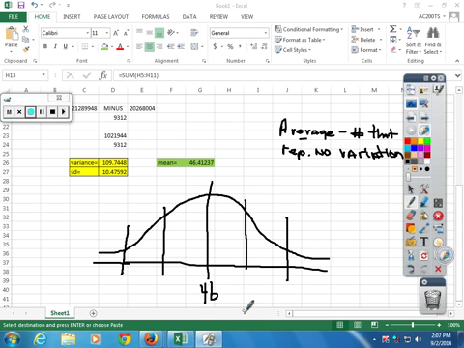What's 46 plus 10? 56 plus 10? 46 minus 10? 36 minus 10? And you've just found the 95th percentile of people between 26 and 66. And that's what mean and standard deviation is.